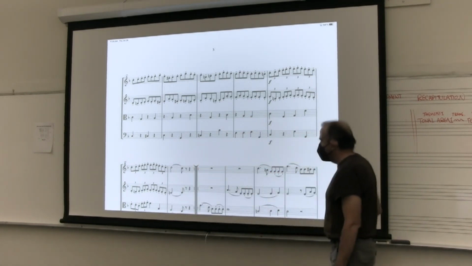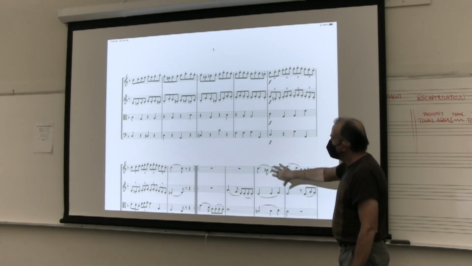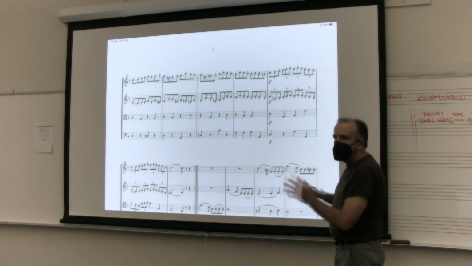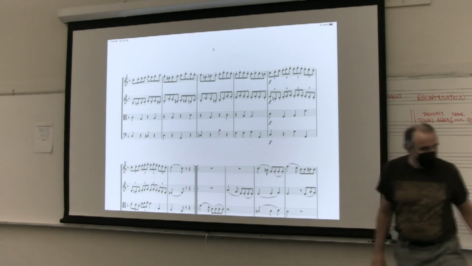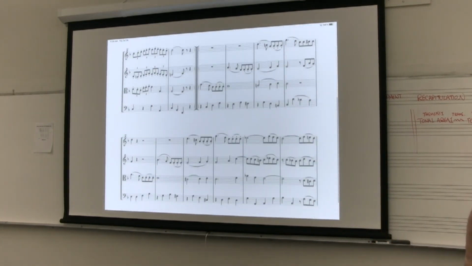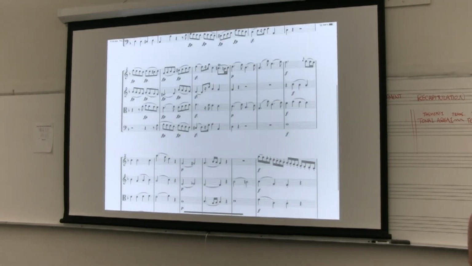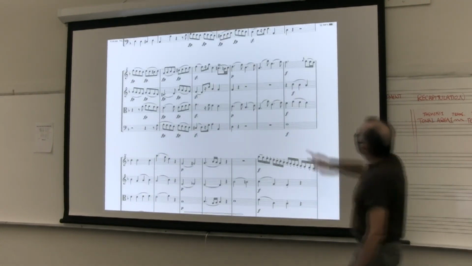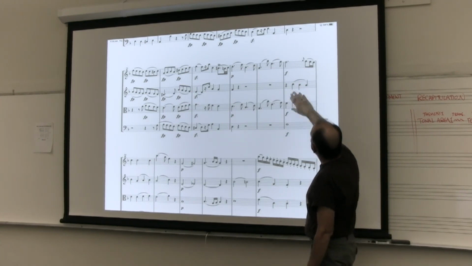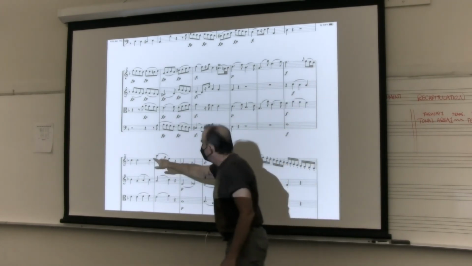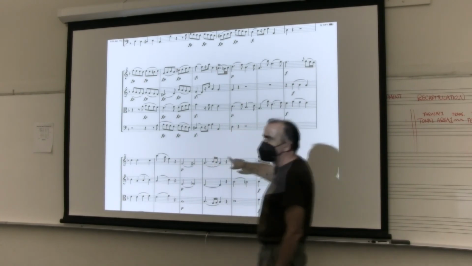Then we start the development section here, which presents some of the same material from the exposition in different keys, kind of moves around from key to key until we get to the recapitulation starts here, right?